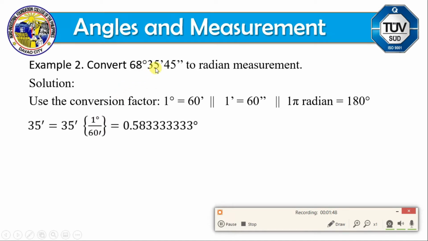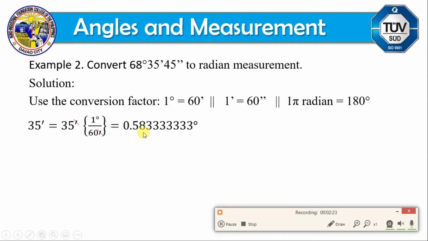this 35 minutes that we mentioned earlier, if we convert it into degree measurement, we use our conversion factor that in 1 degree, 60 minutes. Notice that in this conversion factor the minutes are at the bottom and the degree is on top, so that the unit minutes cancels out. Then 35 times 1 divided by 60, using your calculator.